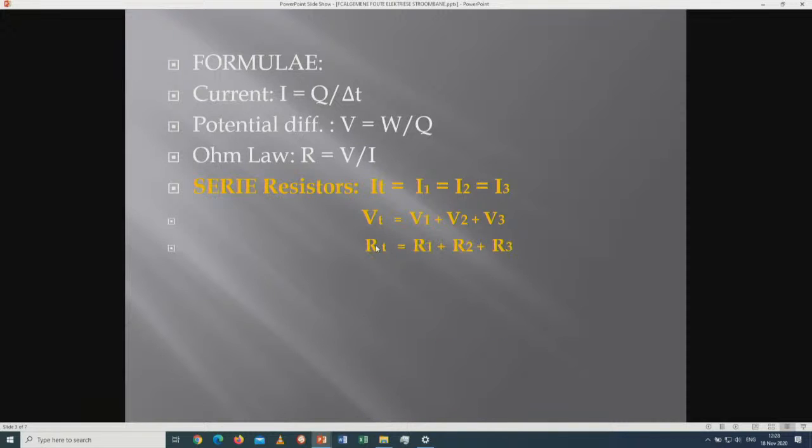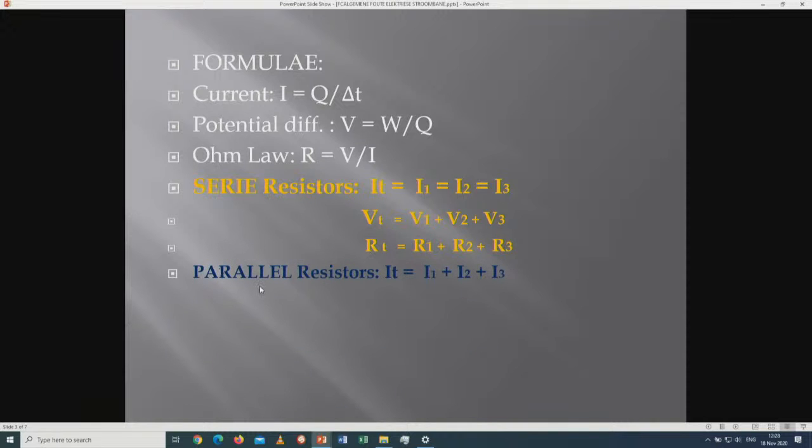And to get the total resistance for resistors connected in series, you just add the values of the different resistors. So a series circuit is maybe not so difficult as parallel, but still very important to know.